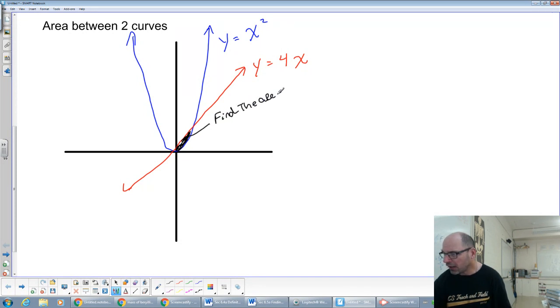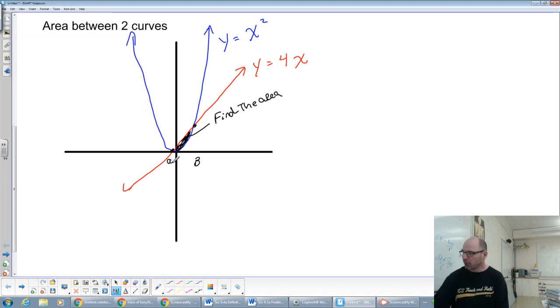So what we do in calculus is find the area between this point A, where they intersect, and this point B, where they intersect. We want to get the area under the line and subtract the area under the curve, so that's what's left in between.